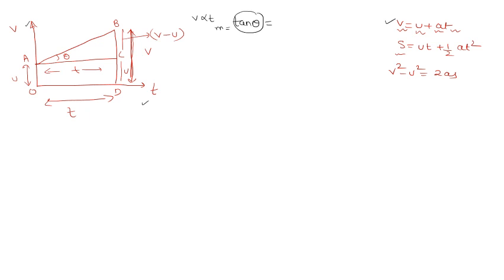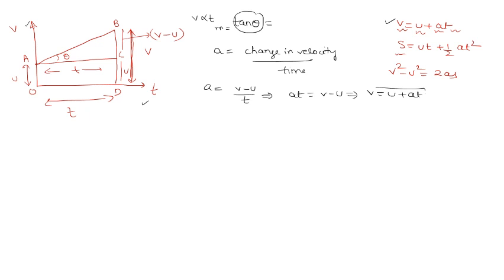And you know that this is nothing but acceleration, change in velocity per unit time, or we can say rate of change of velocity. So the change in velocity is v minus u divided by t. So at = v minus u. This implies v = u + at. You can take this u to the left hand side and you'll get it in positive terms. So this is how you can get the first equation of motion.